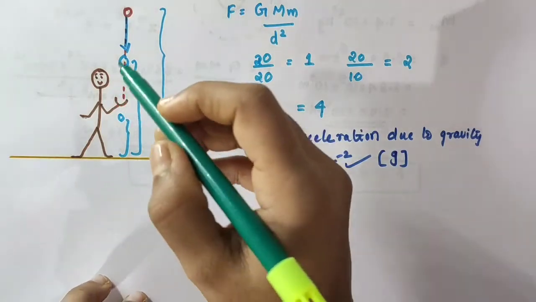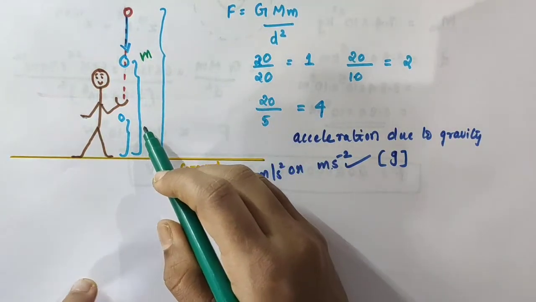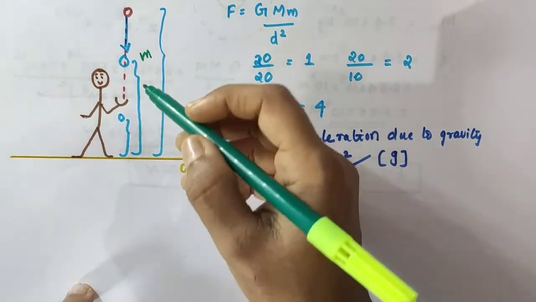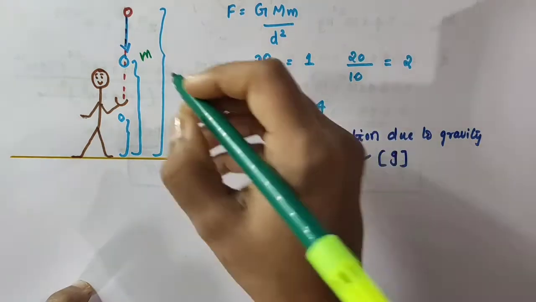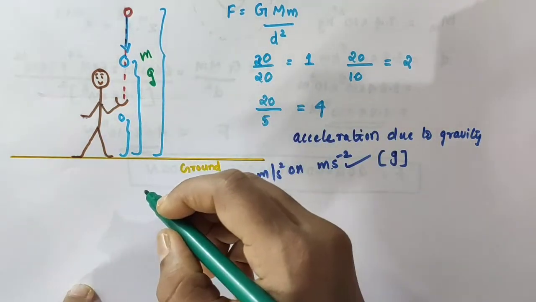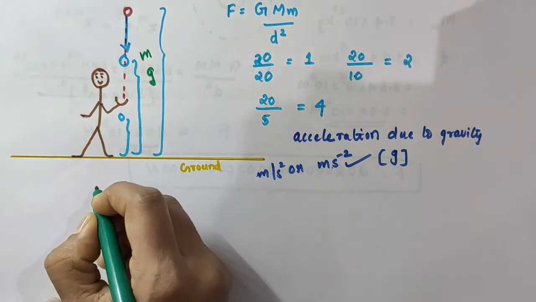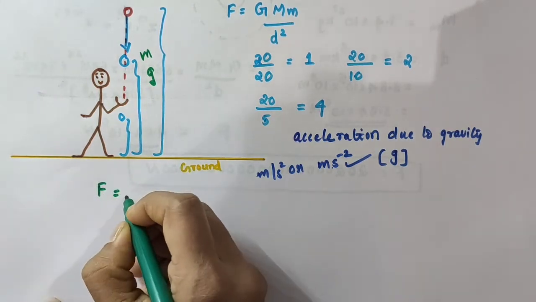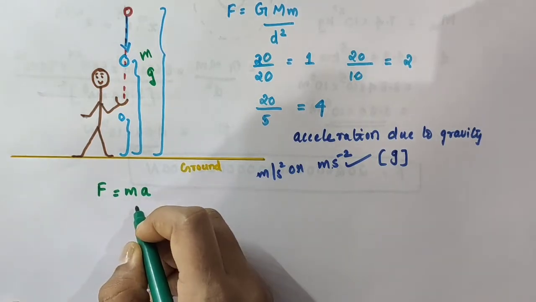Now, let the mass of this object be small letter m. While it is falling, there is an acceleration involved, which is the acceleration due to gravity, g. From Newton's second law of motion, the force acting on an object of mass m moving with an acceleration a is F equals m into a.